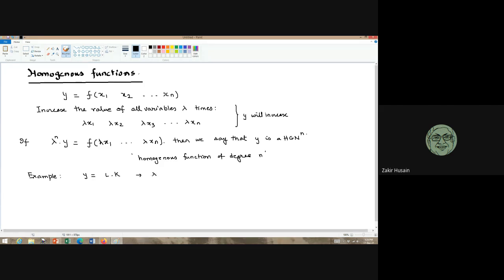Then let us increase both labor and capital by lambda L and lambda k. So in that case, what is the new y?